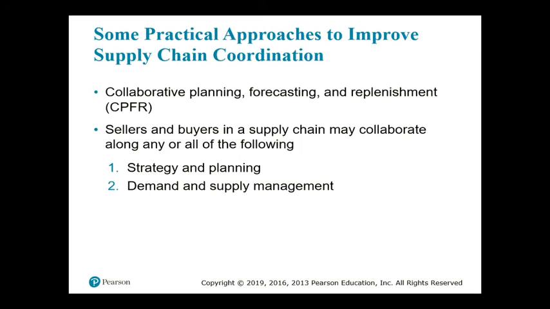Then, along demand and supply management, we collaboratively generate sales forecasts along different members of the supply chain. And this is then converted to a collaborative order plan to determine the future orders and delivery requirements based on the forecast.